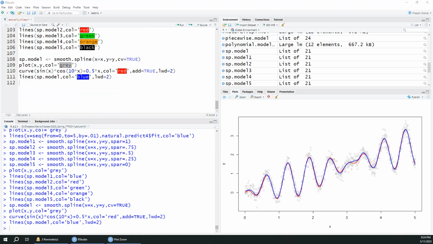Okay, since we still have a little bit of time here, I'm going to continue on with one last piece.